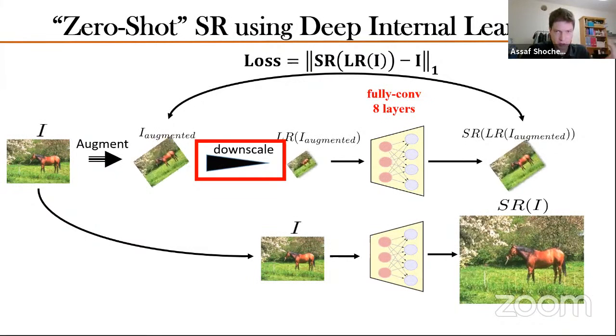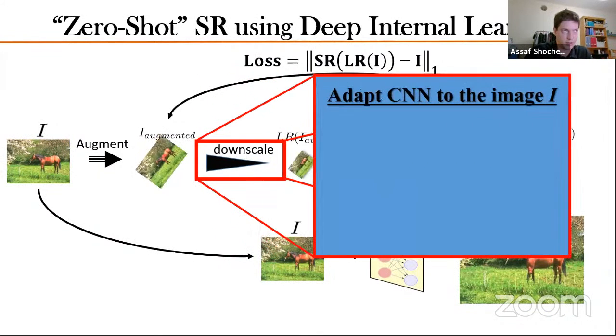Being agnostic to the downscaling process means that the downscaling method is also an input to the network. So in order for this to work right, you have to use the correct downscaling kernel in this downscaling process. So how can we know what the correct downscaling kernel is? There are a few options for that.